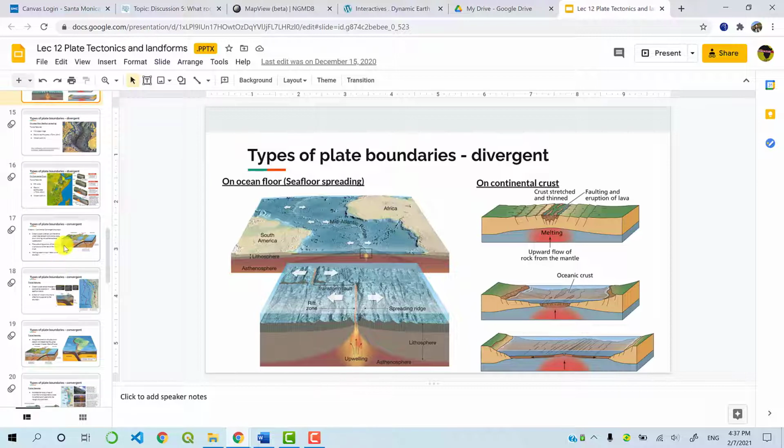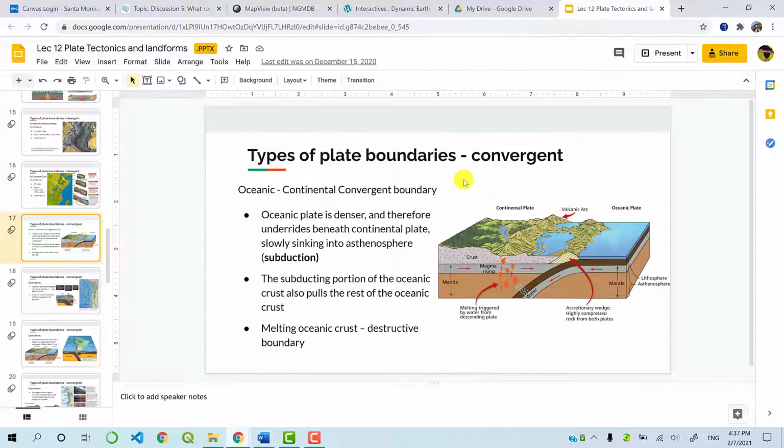Then you have the convergent boundary, which can happen between ocean and land. If most of this plate is continental, then we call that continental, but on the edge you have a little bit of ocean. So I will give you these volcanic arcs.